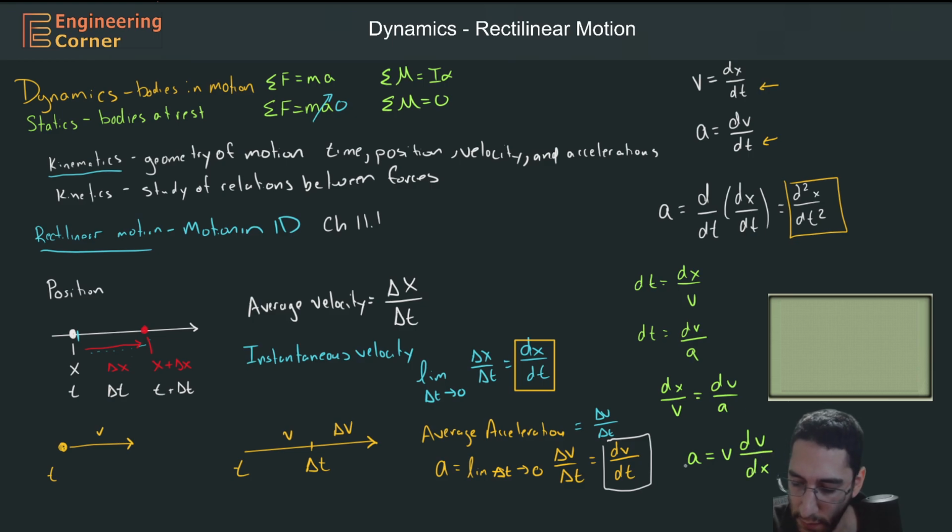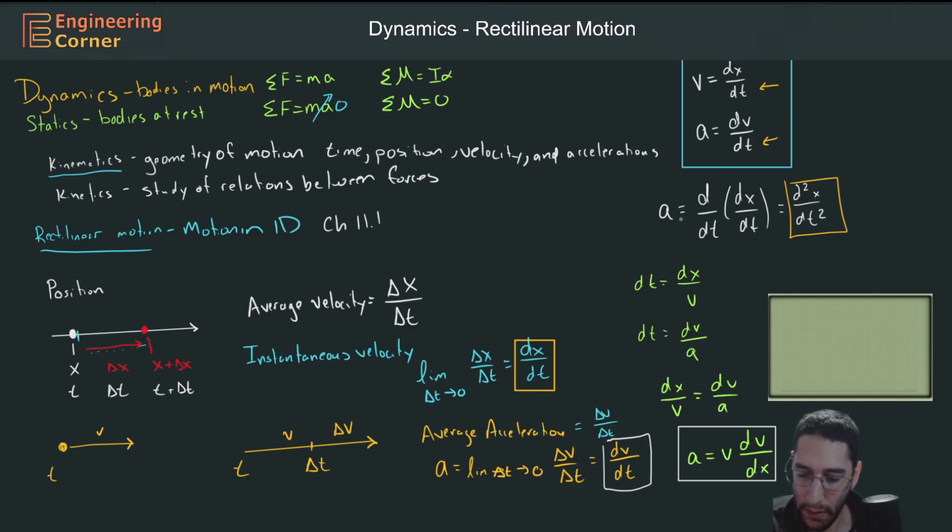This is an equation that we will use often, and it depends on the initial conditions given in the problem. So these are the four main equations that we will be working with: 1, 2, 3, and 4.